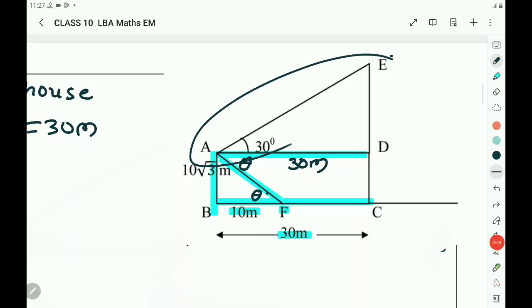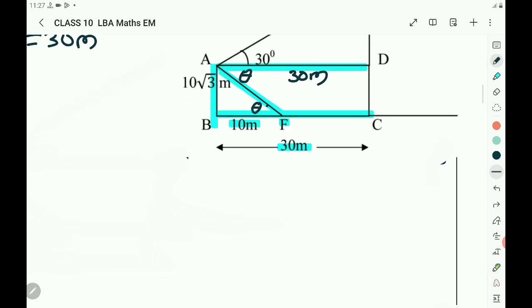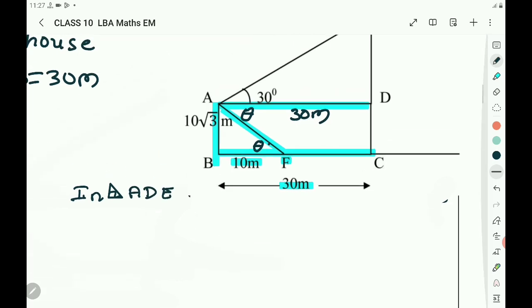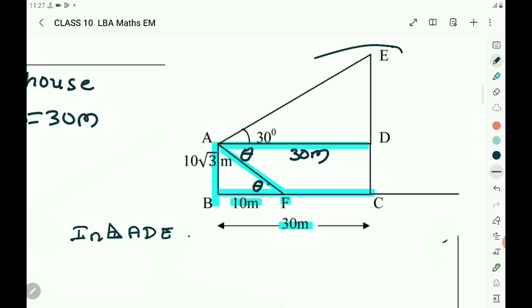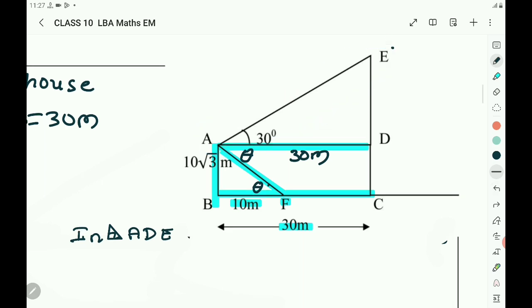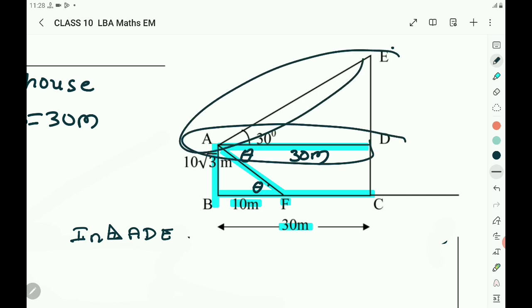To find AE, use the same triangle ADE. Then you write in the right angle triangle ADE, AE is the hypotenuse and AD is the adjacent side. Which trigonometric ratio has adjacent side by hypotenuse? That is cos.